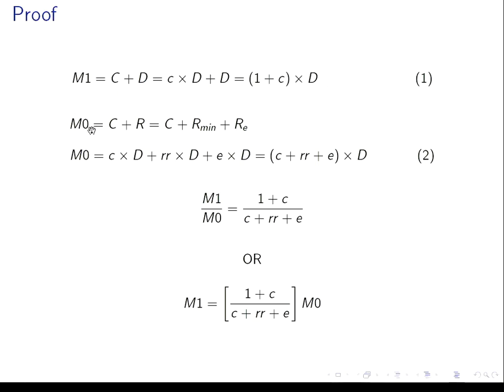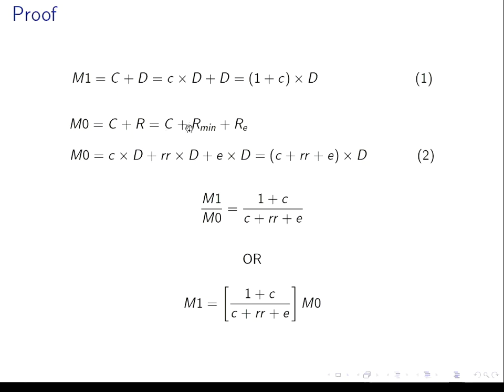What's monetary base? Monetary base is currency plus the total reserves. And what's the total reserves equal to? That's equal to the minimum reserves that banks hold plus the excess reserves.